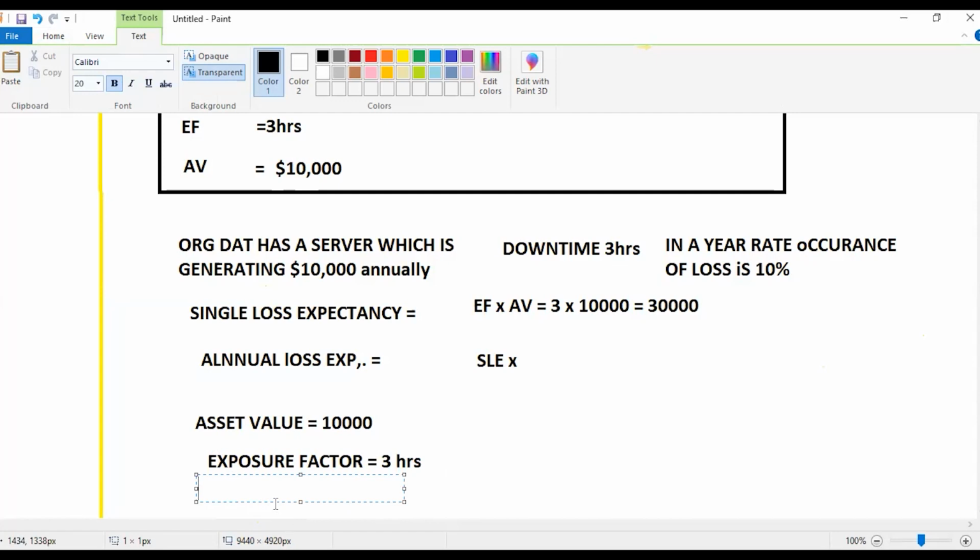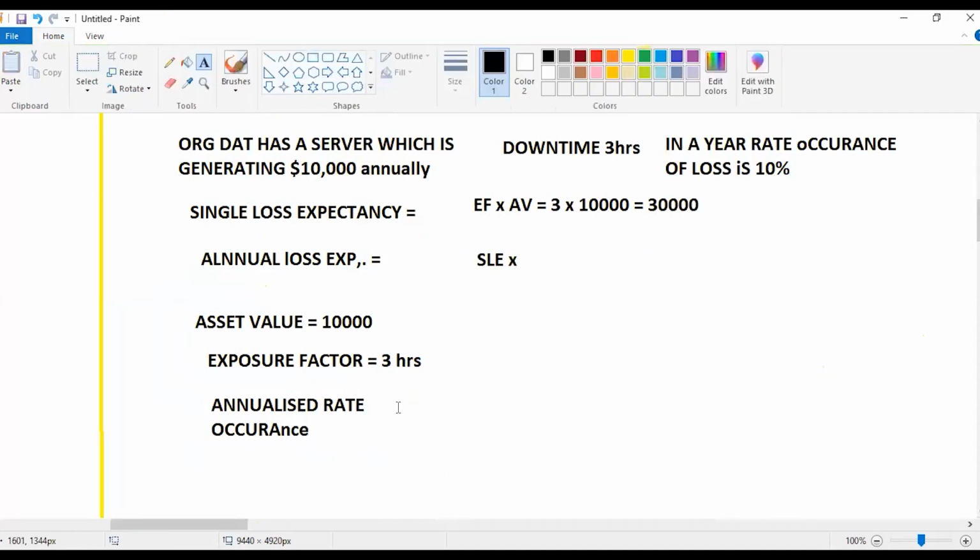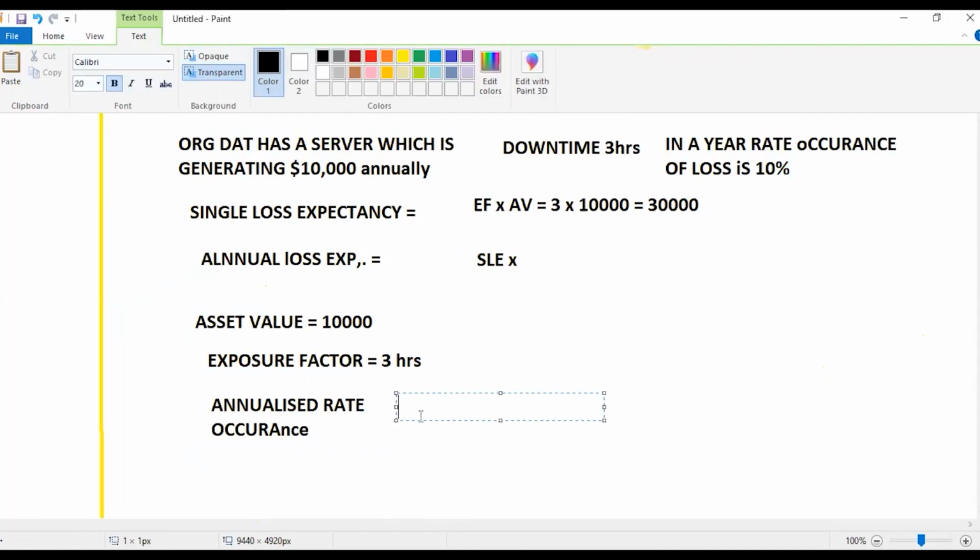ARO, annualized rate of occurrence: how many times is this affecting us? 10%. Note here, the ARO is always defined in percentage. Always in percentage.